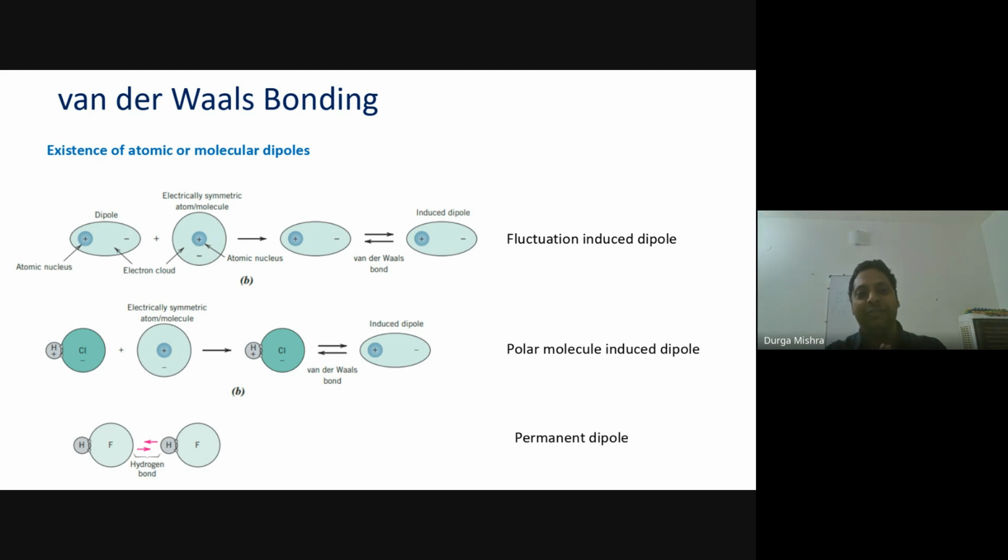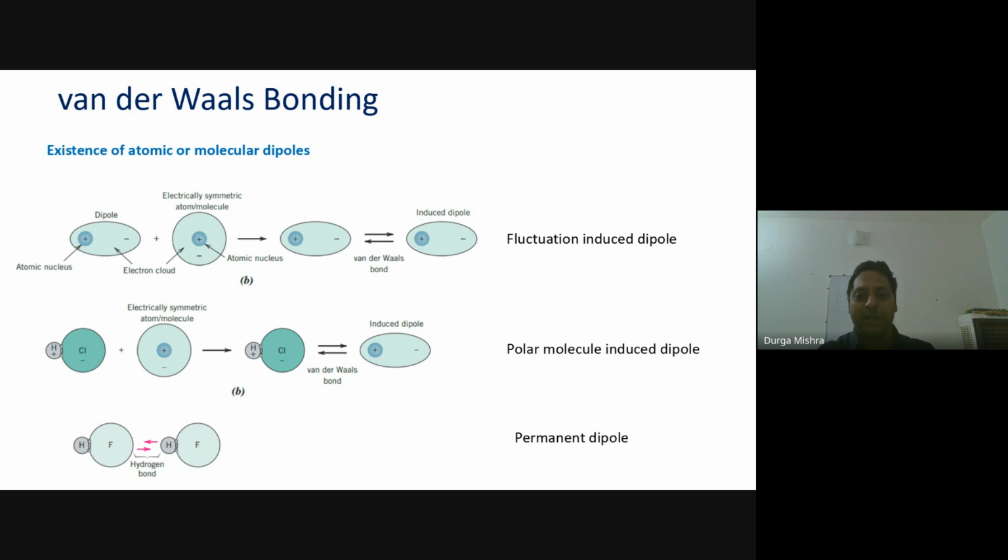If an electric dipole moment develops, it will interact with a neighboring dipole, and that way the bonding will be there. But because this dipole interaction energy is very small, the bond energy is really small, and it is a very weak bond. It can break easily.